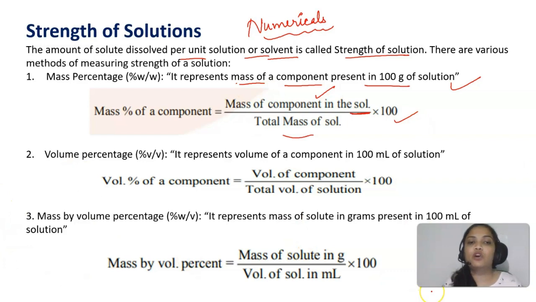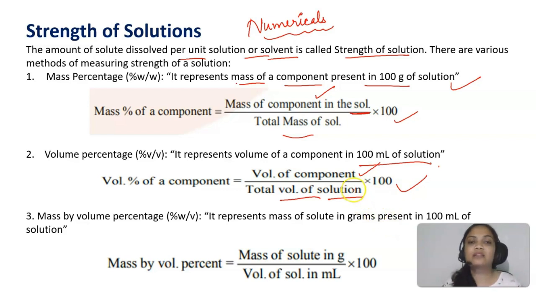Then the same goes with volume percentage, means V by V. Volume percentage means how much volume of that component is present in 100 ml of the solution. So we will take the volume of the component divided by the total volume of solution and multiply it by 100. So that will become the volume percentage.